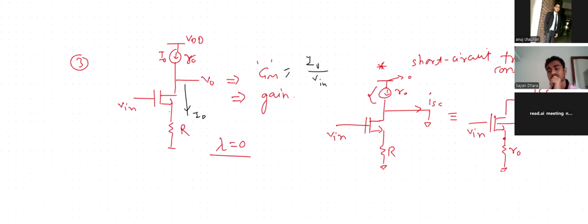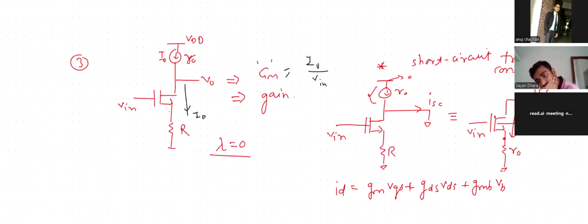You can write the equation for ID. ID of any transistor can be written as GM VGS plus GDS VDS plus GMB VBS, which is a general equation. Put everything in place and you will find that ID equals minus ISC. You will find everything in terms of GM.